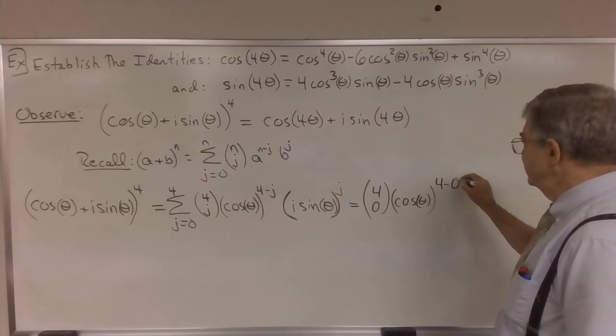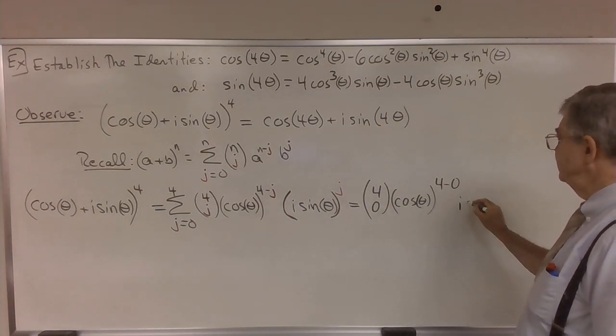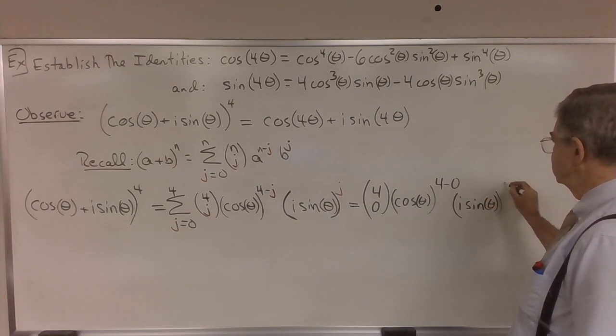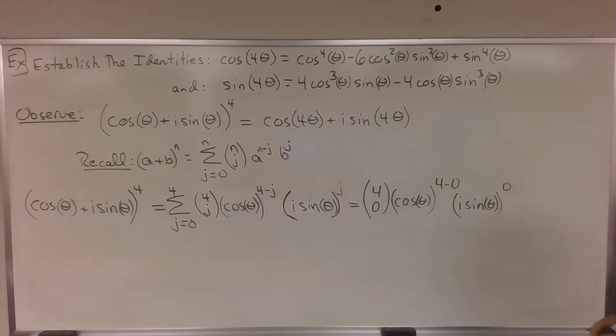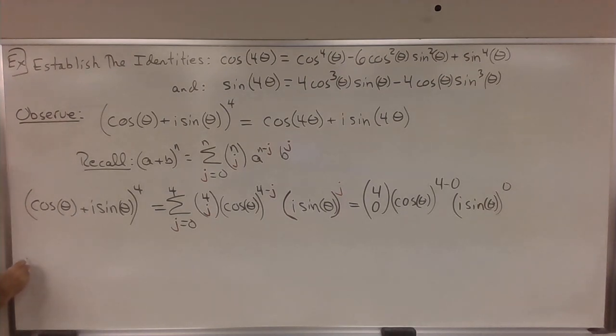And I'll put 4 minus 0 there. And I get i sine of theta to the 0. And we go down for j equal 1.